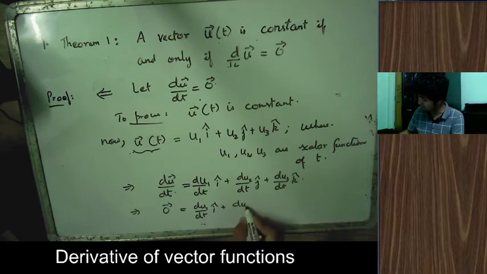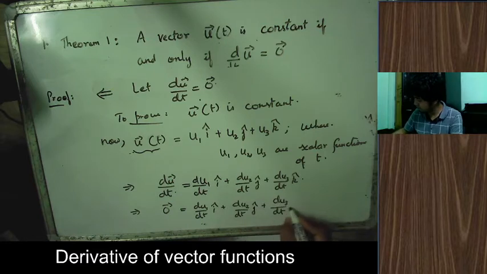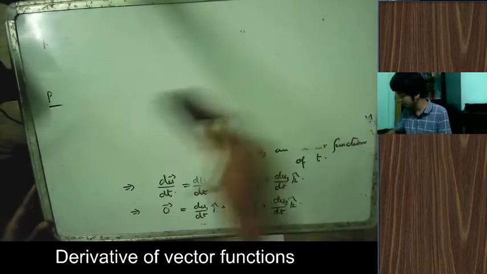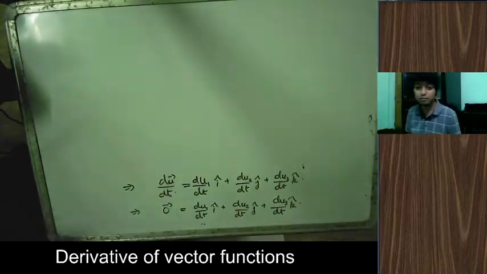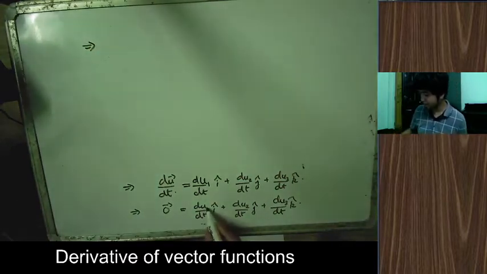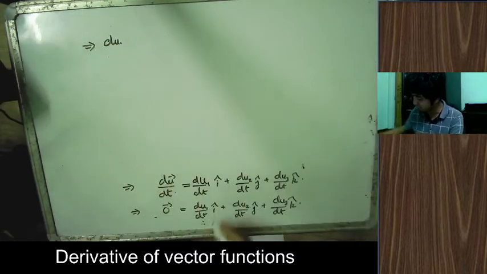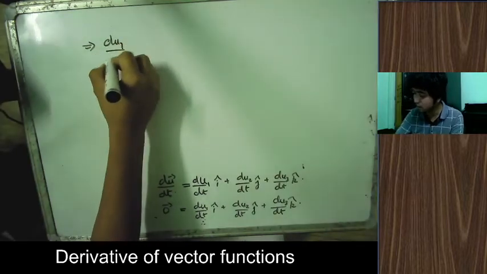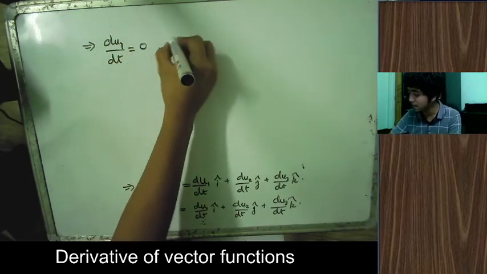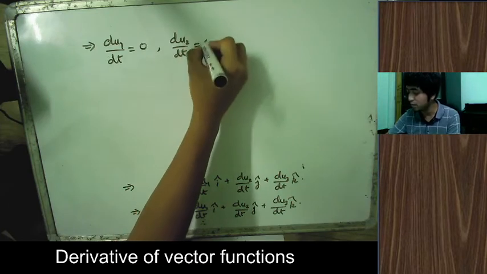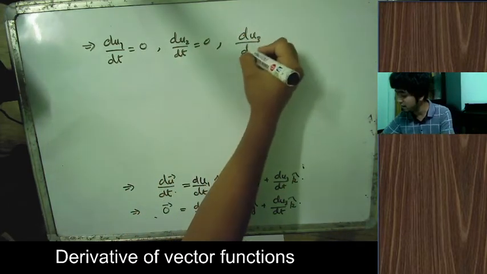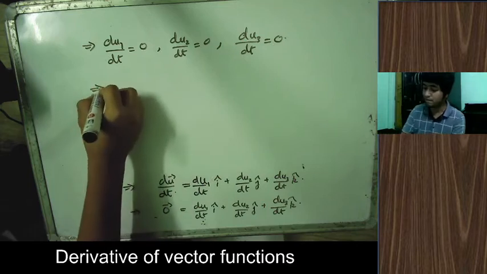So we'll be having this. Ultimately, comparing both sides, du1/dt will be equal to 0, du2/dt will also be equal to 0, and du3/dt will also be equal to 0.